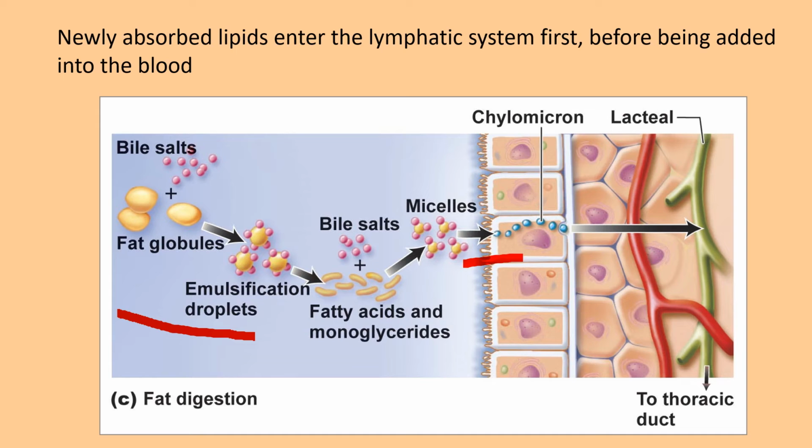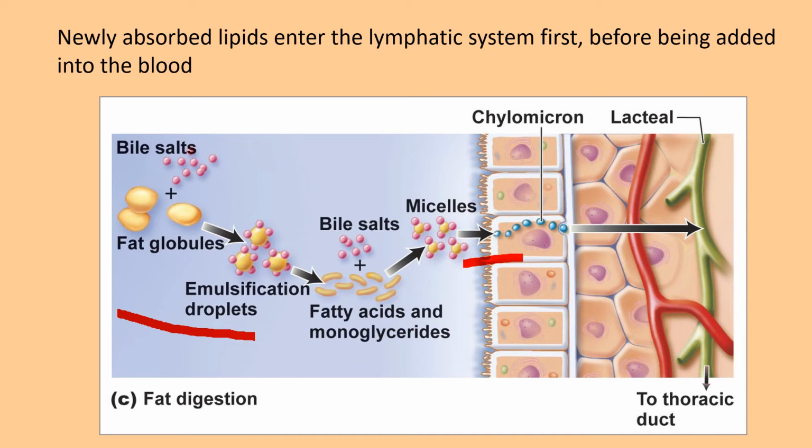And so every time a micelle bumps into the surface of an absorptive cell, those monoglycerides and fatty acids leave the micelle, leave some of the bile salts behind in the small intestine, and those fats move into the absorptive cell. Once inside the absorptive cell, the story gets further complicated, and I'll use the next diagram to explain that.